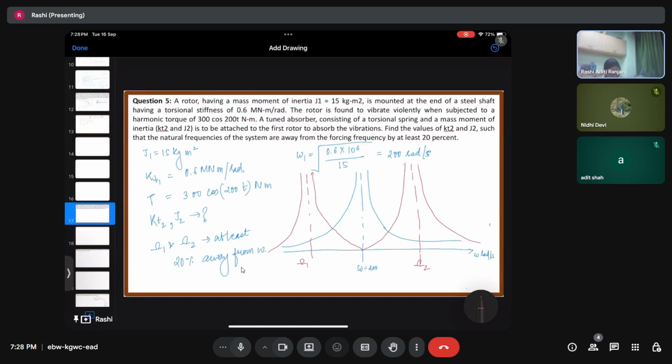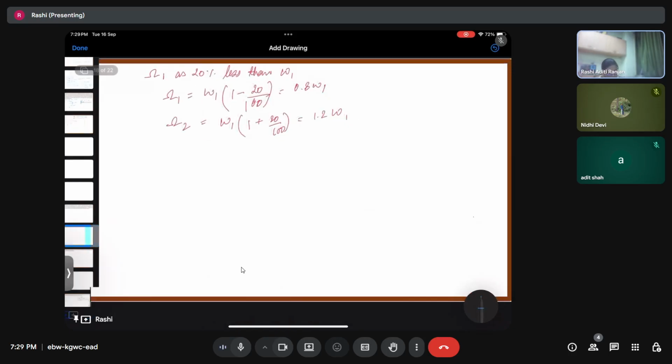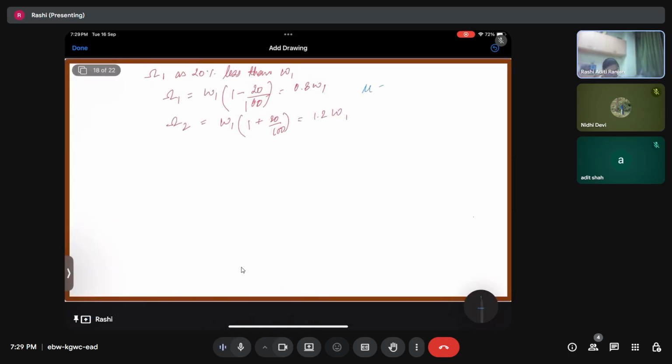Anyways, again, we'll have to come to that particular equation that we were using in the previous question. Maybe we can just assume some parameters first, which is mu, which is J2 by J1. Then we'll have r1, which is omega 1 by capital omega, and r2 as omega 2 by capital omega.